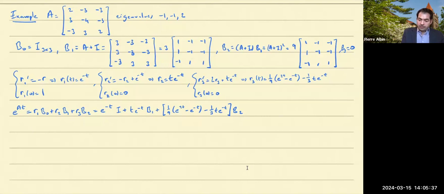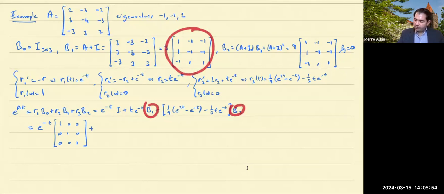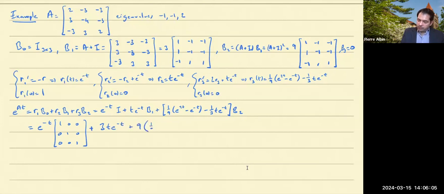So that looks like e to the minus t times the identity matrix and then I'm going to use that B1 is equal to 3 times this matrix, whereas B2 is 9 times the same matrix, to write this as 3 times t e to the minus t plus 9 times all of this, 1/9 (e to the 2t minus e to the minus t) minus 1/3 t e to the minus t, right?